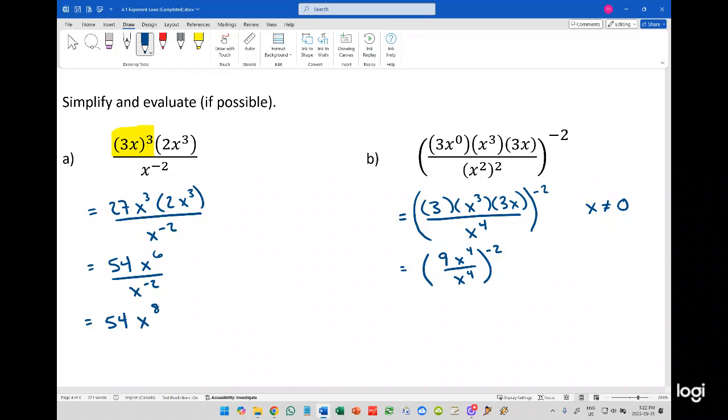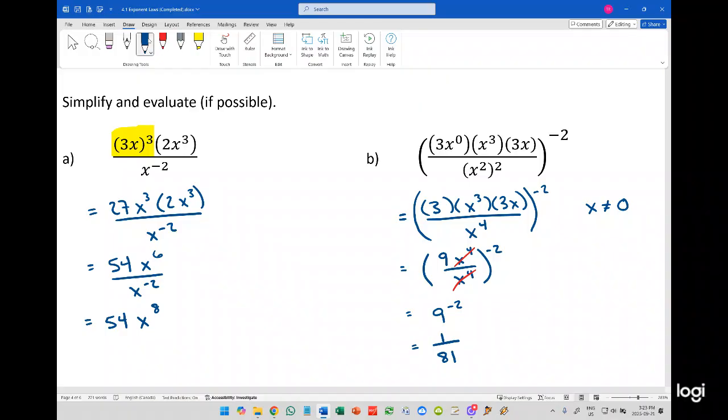Or I can just look at it and say the x to the 4 and x to the 4 cancel out on the top and bottom. And then I'm left with 9 to the negative 2, which becomes 1 over 9 squared, or 1 over 81. So it's equal to 1 over 81 in all cases except x equal to 0.